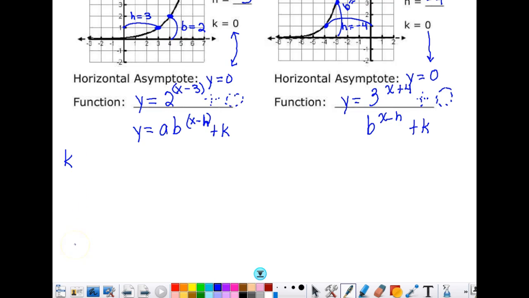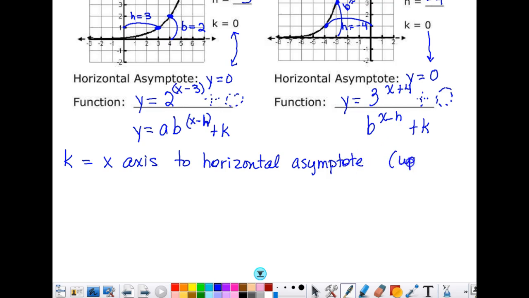The k is the x-axis, and these are all distances to the horizontal asymptote. This is our up or down. Most of you know that by now, that k moves the graph up or down.